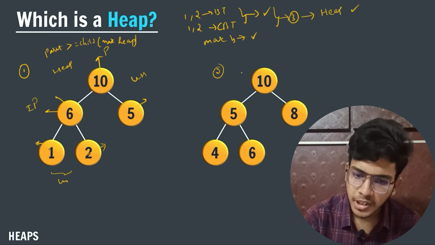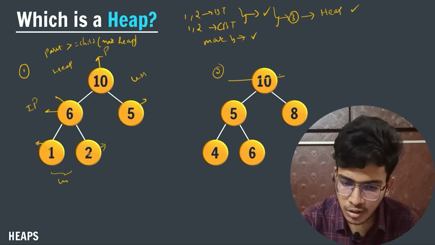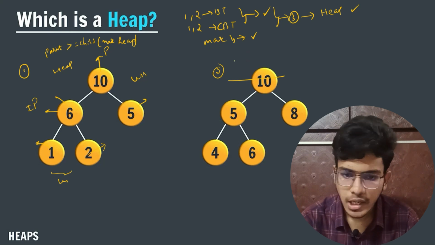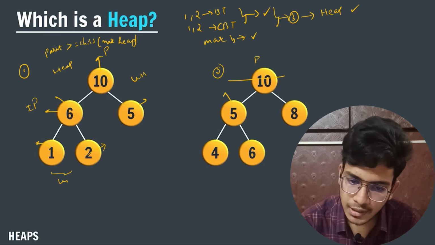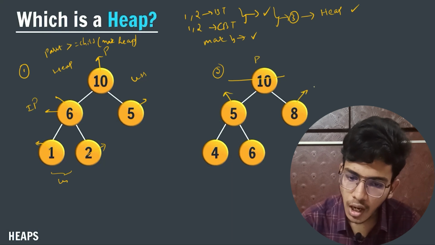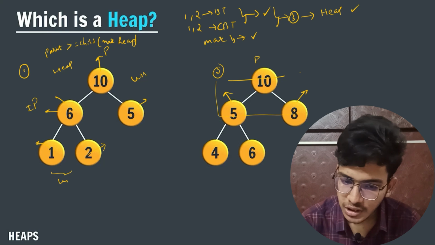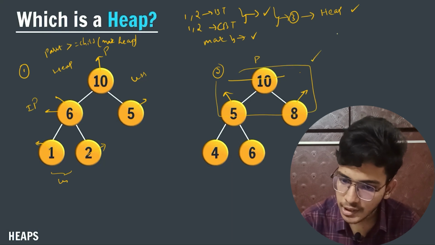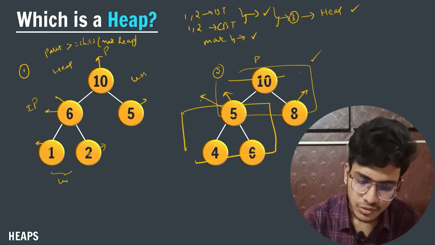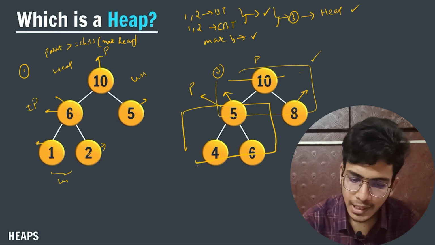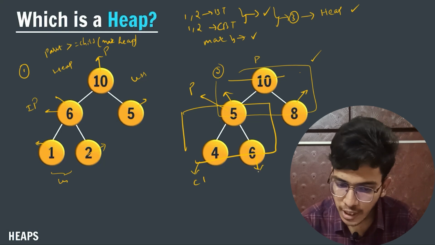Now if you observe the second diagram, it is also a binary tree, it is also a complete binary tree. But if you observe this parent, the two children's values are less. So for this segment, the condition is satisfied. Now let us see this segment. Let's say this is my parent, and this is child 1 and child 2.